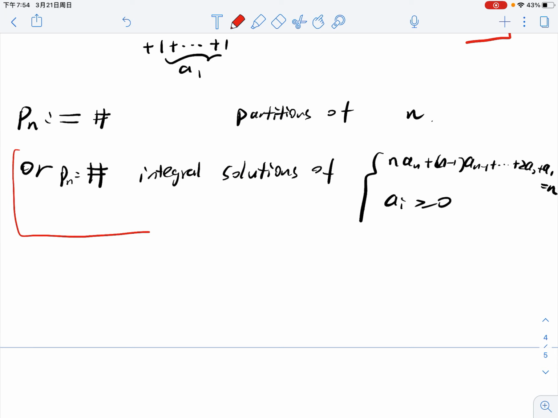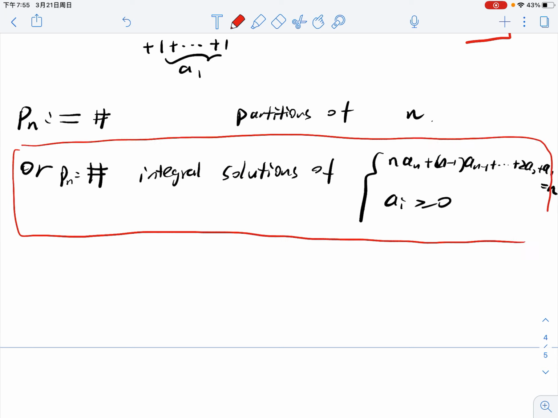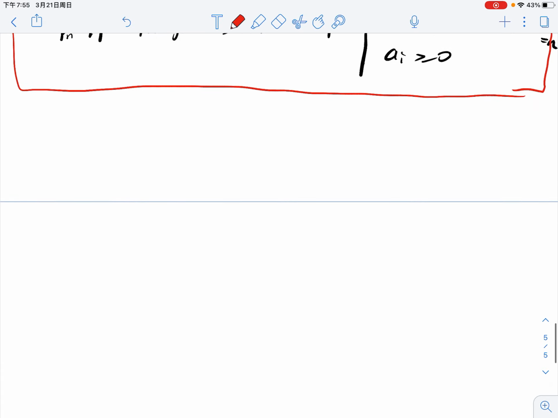Previously, when we discussed permutation or combination, we used this form, just like counting the integral solutions of certain indefinite linear equations. Here the only difference is that you change the coefficients of the variables.